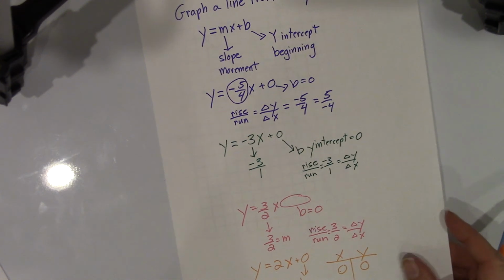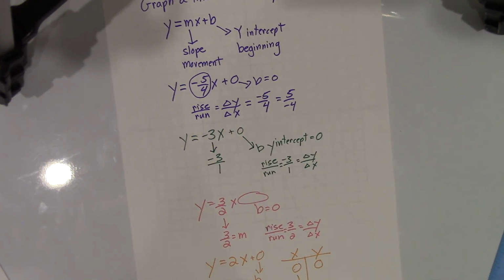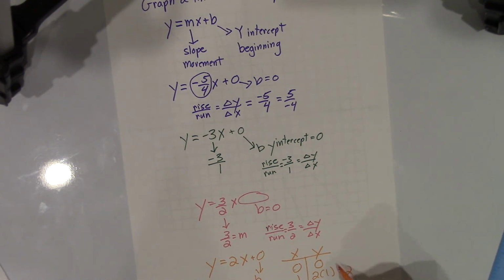Okay, so what if x was 1? Well, then y is going to be 2 times 1, which equals 2. What if x was 2? Well, then y is going to be 2 times 2 equals 4. Y would be 4. And this kind of all goes back in a circle as we look and see, okay, what did I say our slope is 2 here?